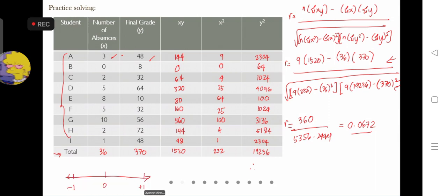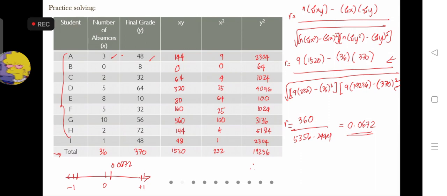You can only say nga strong positive siya if near siya sa positive 1. You can say strong negative siya if near siya sa negative 1. But our value for correlation is 0.0672. So 0.0672, hindi na siya dapit. So what does it say about the relationship between X and Y?